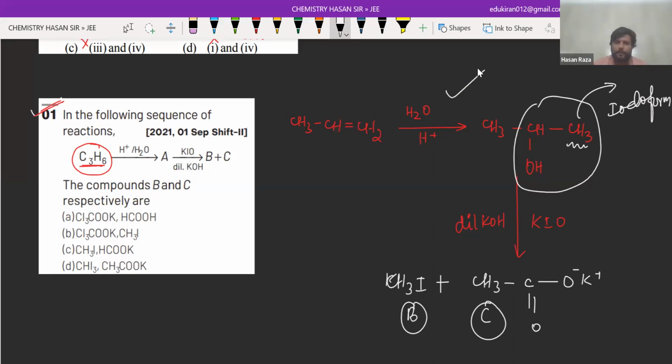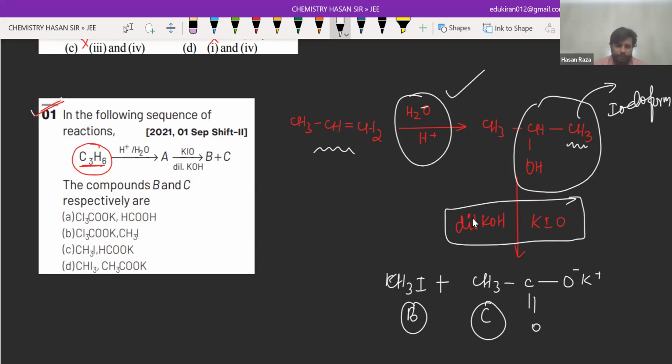Here you can see this question is from alcohols, and then it uses this reagent which you will study in aldehyde and ketone. Are you getting my point, Shahid and Tariq?